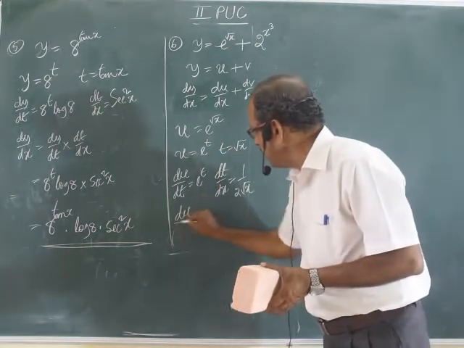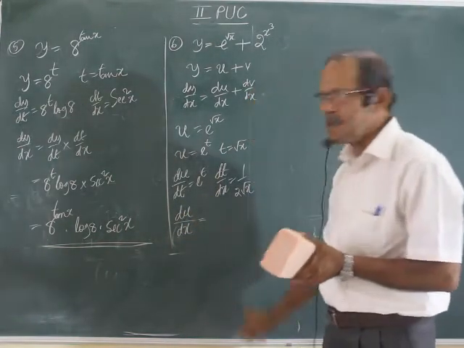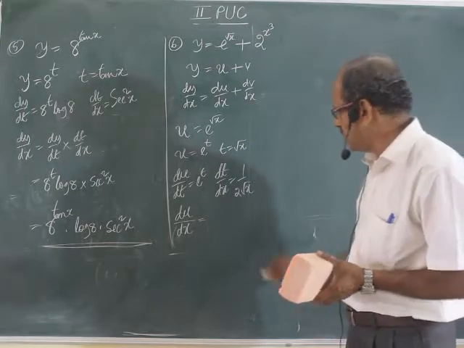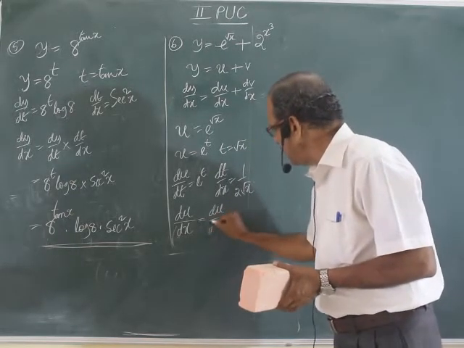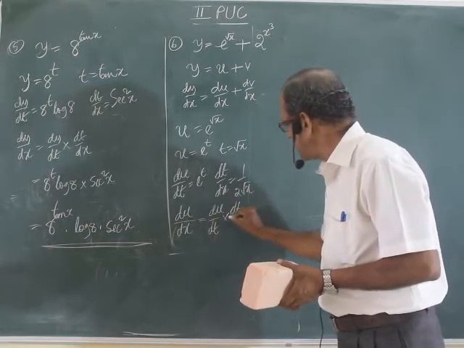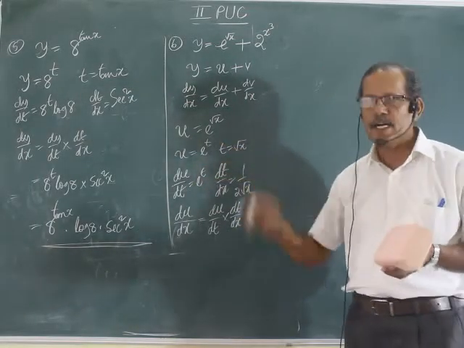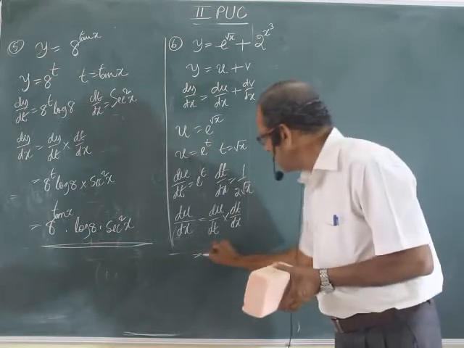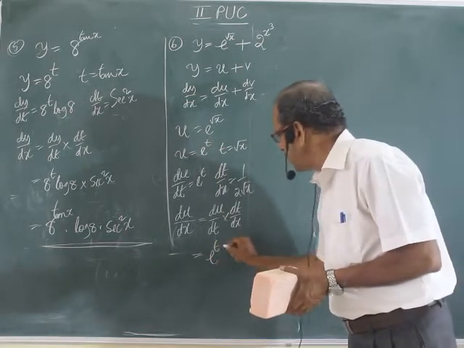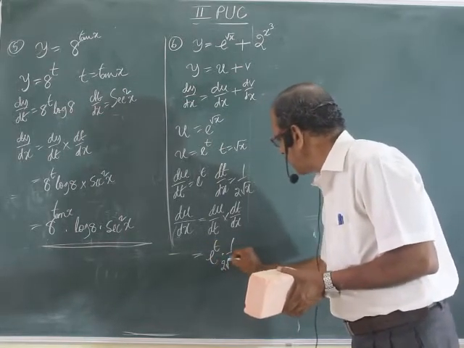Let me obtain du by dx. Du by dx is du by dt into dt by dx, chain rule. But there is no y at all because you are finding du by dx, no? That's why, equal to e to the power t into 1 by 2 root x.